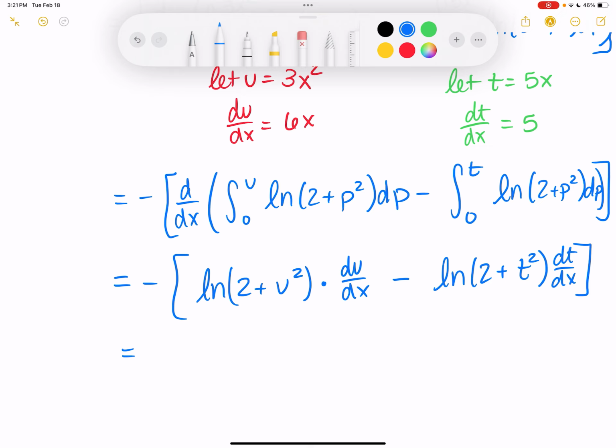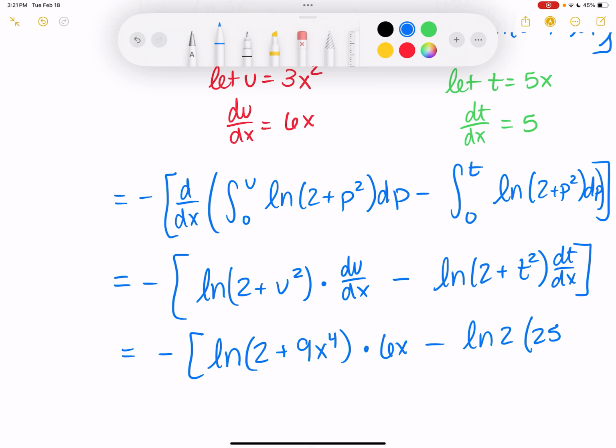So then this is negative, this is the ln of 2 plus, I'm just going to go ahead and write it, 9x to the 4th times 6x minus the ln of 2 plus 25x squared times 5.